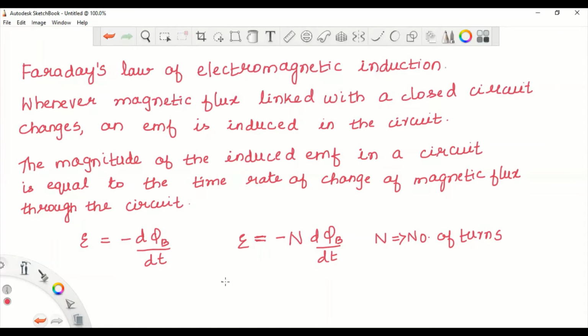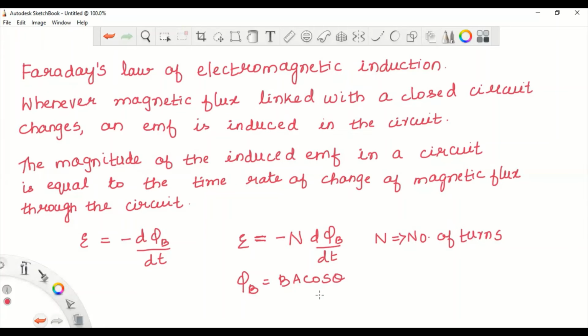And already we discussed that the magnetic flux is equal to B A cos theta. Now let's see how can we change the magnetic flux. The flux can be varied by changing any one or more of the terms B, A and theta.